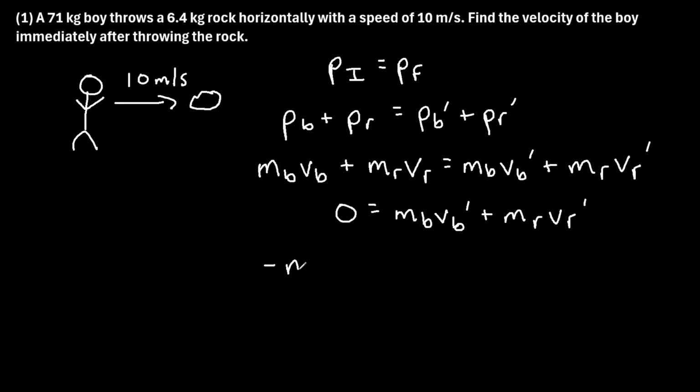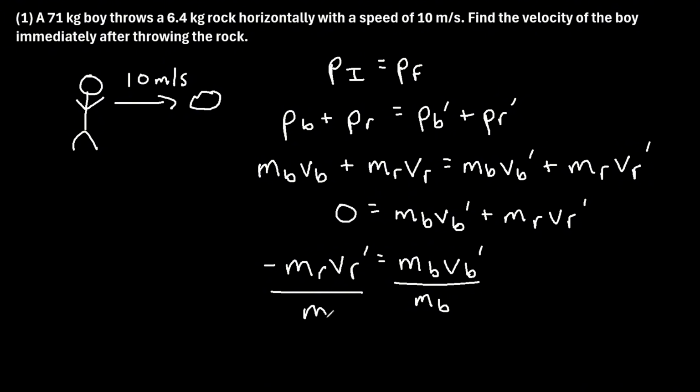So here's what we get. This will be a negative quantity, equal to the mass of the boy times the final velocity of the boy. To solve for the final velocity, we just need to divide both sides by the mass of the boy. These cancel out and we're left with the final velocity of the boy equal to this quantity right here.